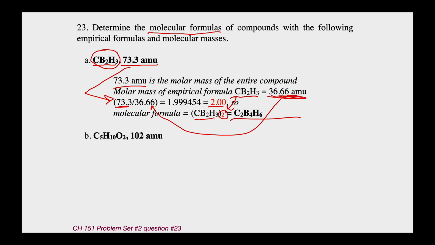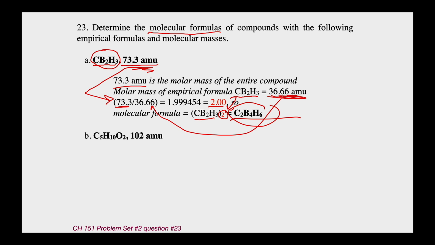We compared that to the molar mass of everything, 73.3, and it came out to be a whole number ratio of 2. They'll always be whole number ratios, by the way. That 2 multiplies the empirical formula to get C2B4H6, the molecular formula.